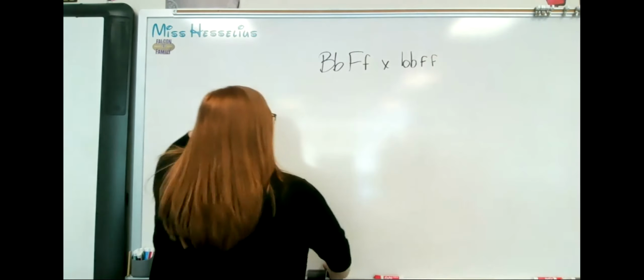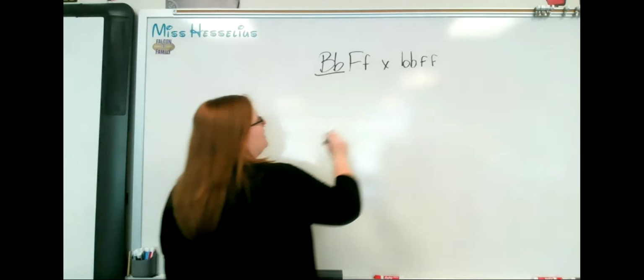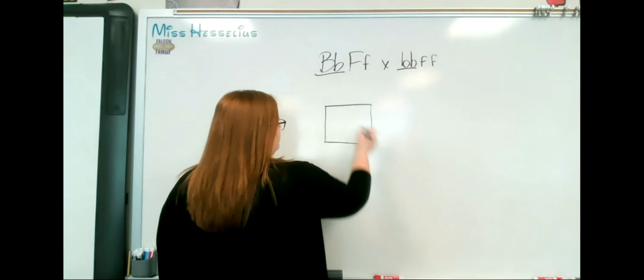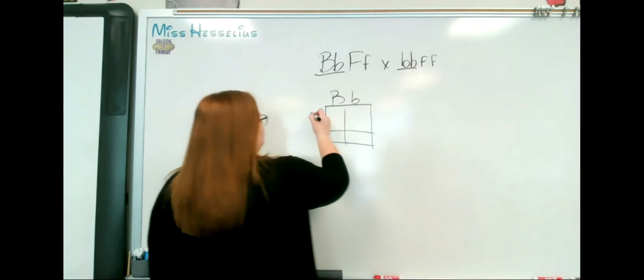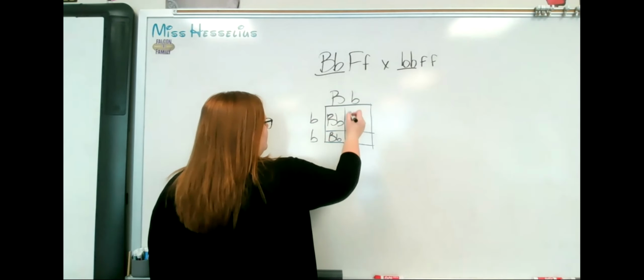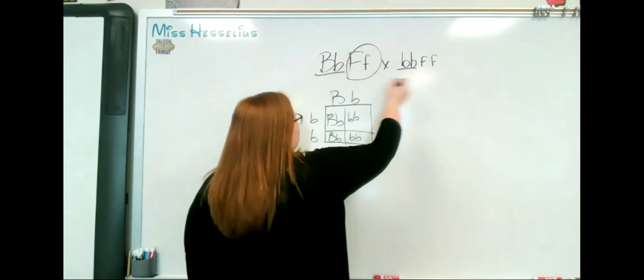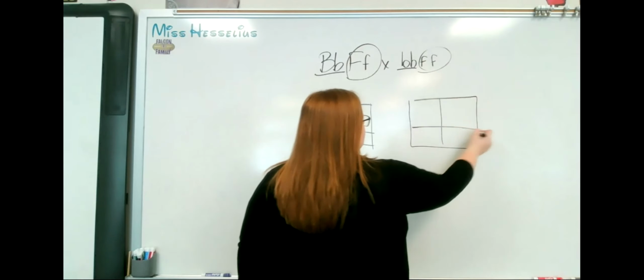Okay. So when you do the fraction method, you just do one monohybrid cross for the B trait or the hair color trait, I think it is. Big B, little b for this parent, little b for this parent. Okay, then you do one monohybrid cross for this parent.